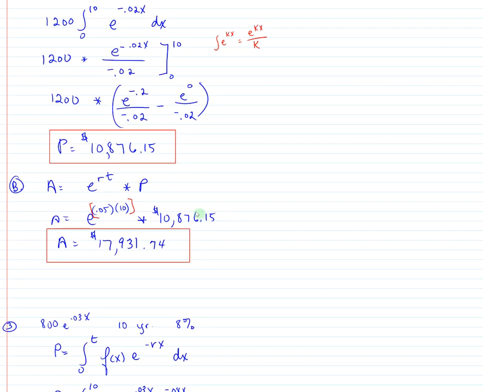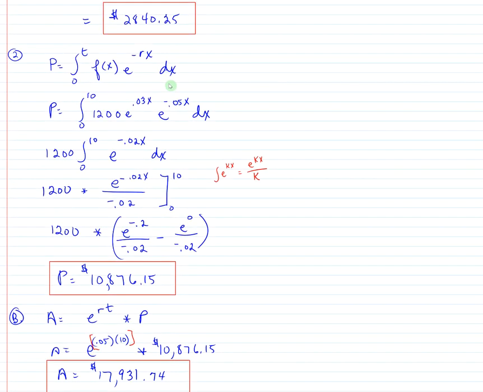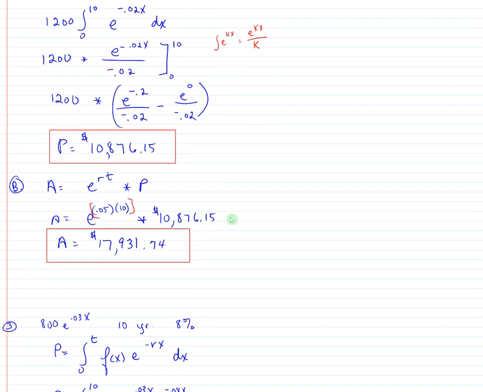For the second part, we take that P value right here and multiply by e to the 0.05 times 10, and you get 17,931.74. Again, you could do this original part in Math 9. I am doing it by hand so that if you want to practice that, you certainly can.